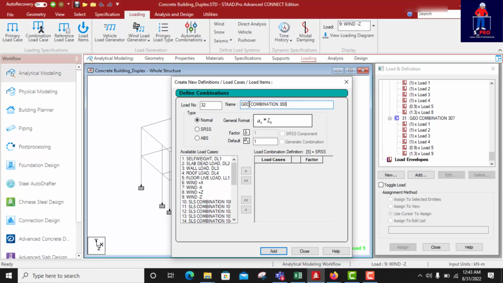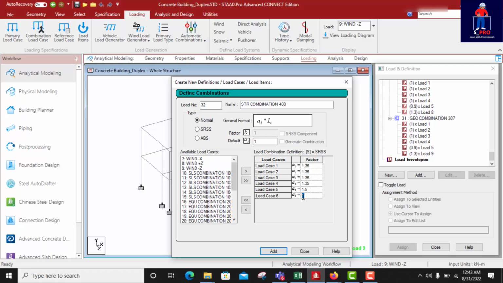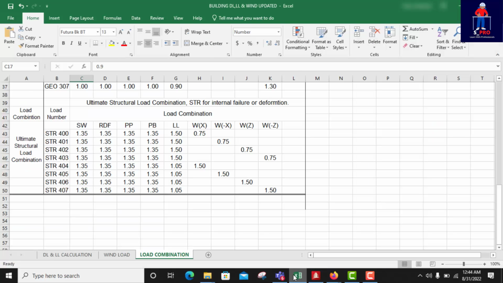We have STR combination 400, all dead load 1.35, live load 1.5, wind load 0.75. Yeah.